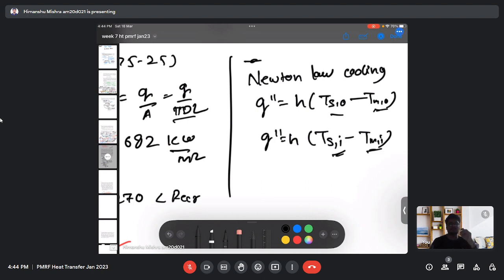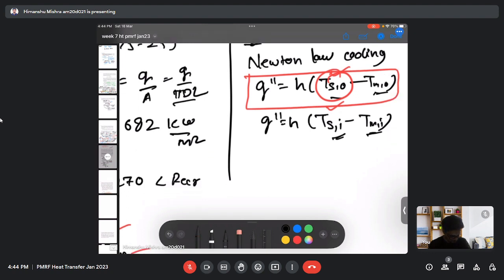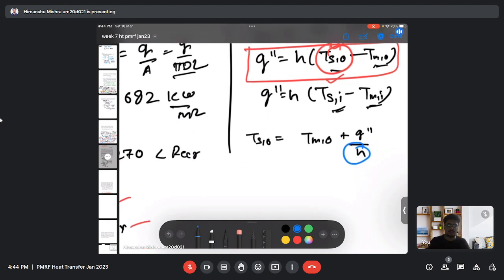And we know that for the constant heat flux condition, my surface temperature will vary. So these two quantities will be different. Now, since we need to find this, we will be using this relation. So my surface temperature at the outlet will be, and we already found the heat transfer coefficient from the conditions given: laminar, fully developed, constant flux condition.